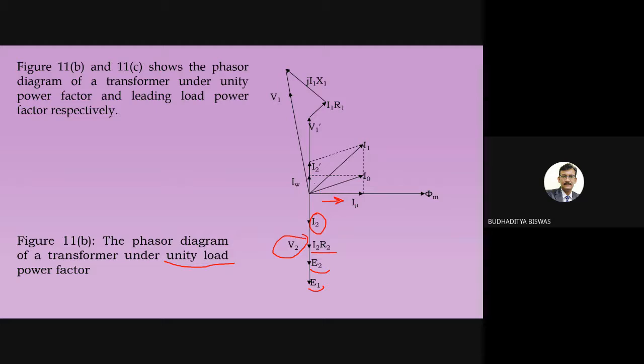The summation of IW and I mu gives I0. Then I0 plus I2 dash equals I1. Then, in the same parallel line of I1, we draw I1R1, and 90 degrees leading, I1X1. Then the summation of V1 dash, I1R1 and I1X1 gives the value of V1. So the procedure is the same, only you need to remember these steps.